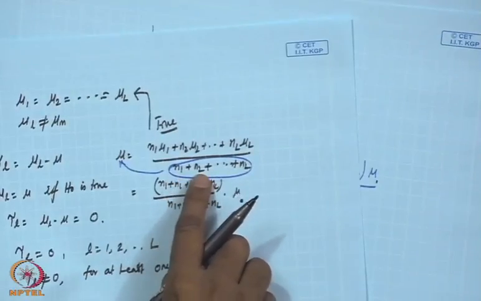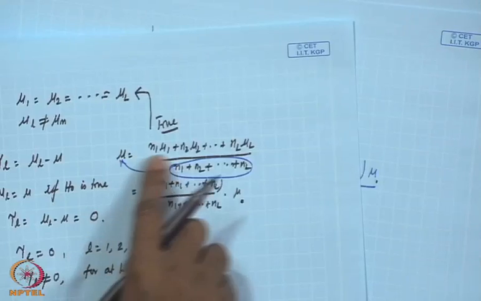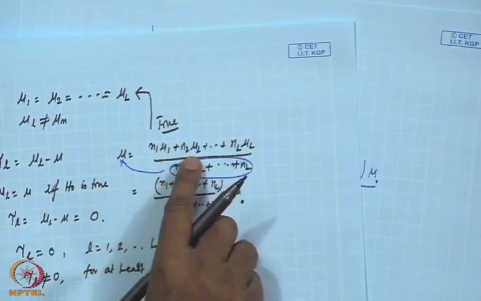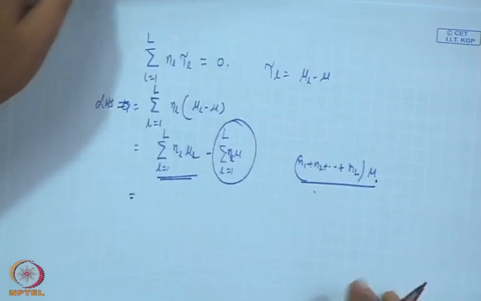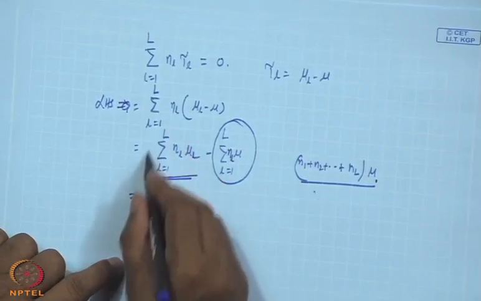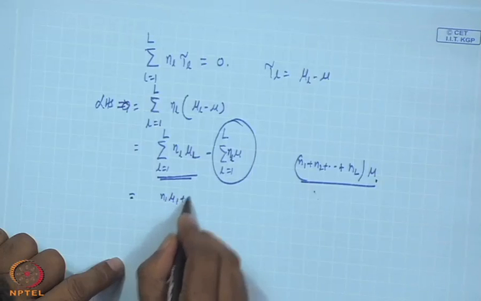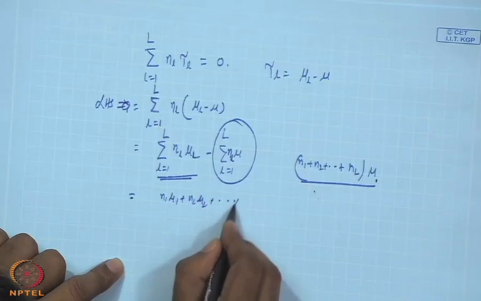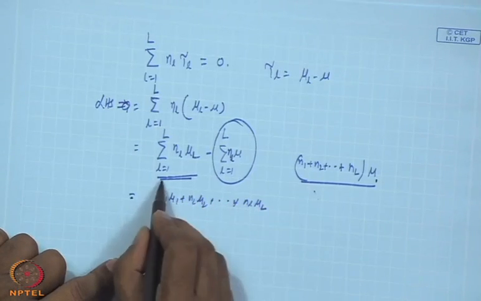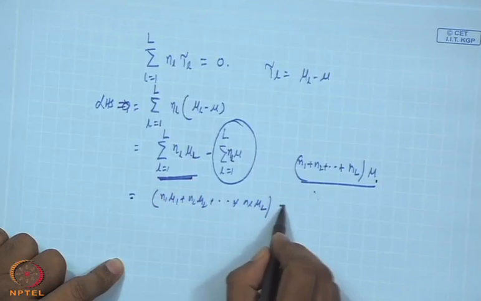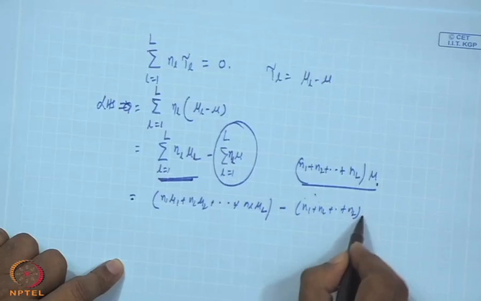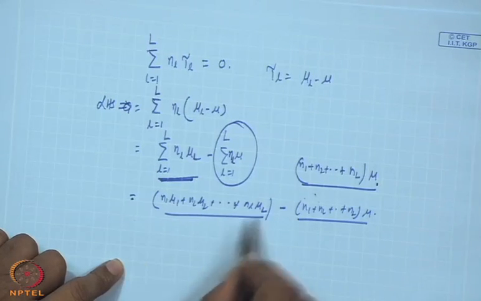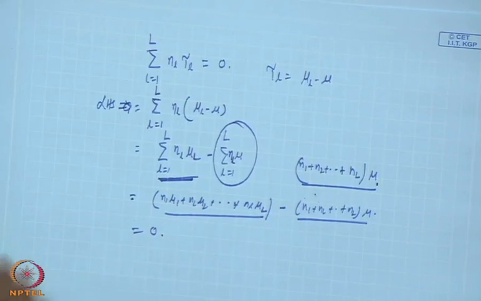And I have told you that N 1 plus N 2 plus N L times mu equal to N 1 mu 1 plus N 2 mu 2 plus N L mu L. So, again this N 1 mu 1 plus N 2 mu 2 plus N L mu L, minus N 1 plus N 2 plus N L times mu, this quantity equal to this quantity, becomes 0.